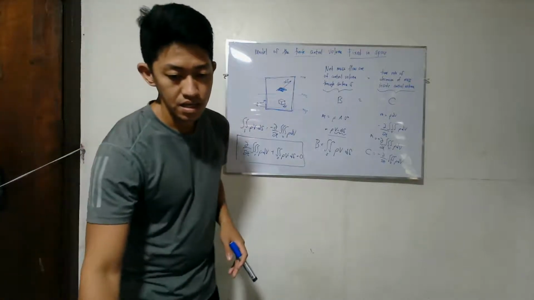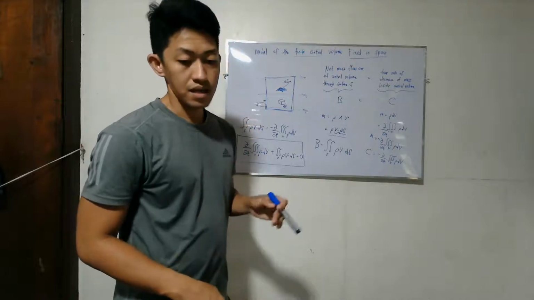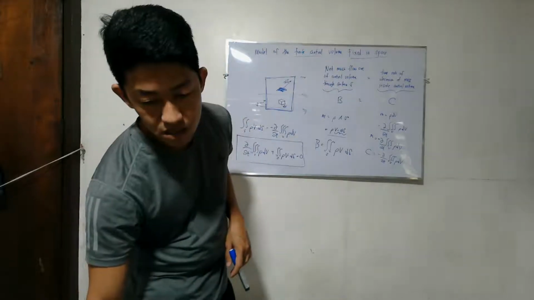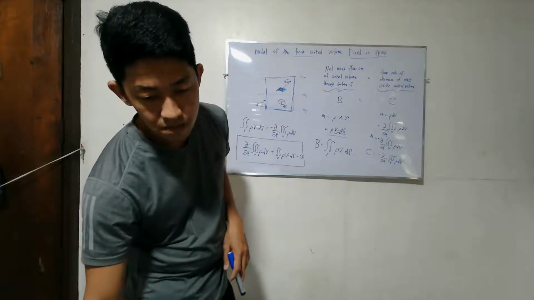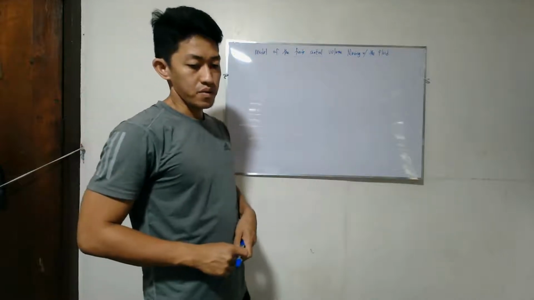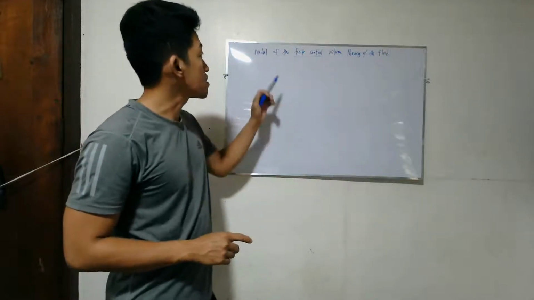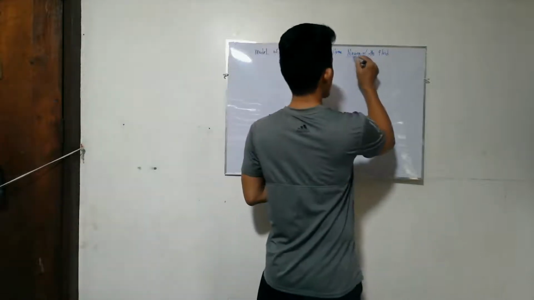Now later on we will also derive the other three models. Okay, so we will derive the second model, the finite control volume, but this time it is moving with the fluid.